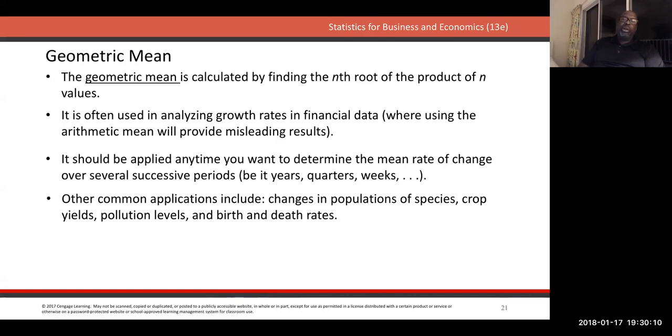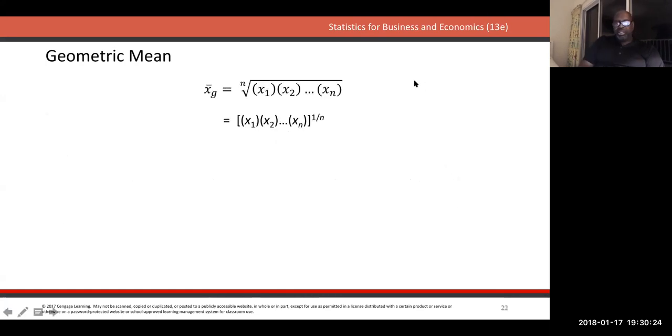So it's useful when you're looking at the rate of change over several successive periods, quarters, and so on. But we won't focus on the geometric mean, so I don't think you'll have any questions in the assignment that deal with it. Essentially, if we have n values, we multiply them by each other and take the nth root, and that gives us the geometric average. If we have 2 numbers, we multiply them and take the square root. If we have 3 numbers, we multiply them and take the cube root. If you have 4 numbers, and so on. That's the basic premise of that.